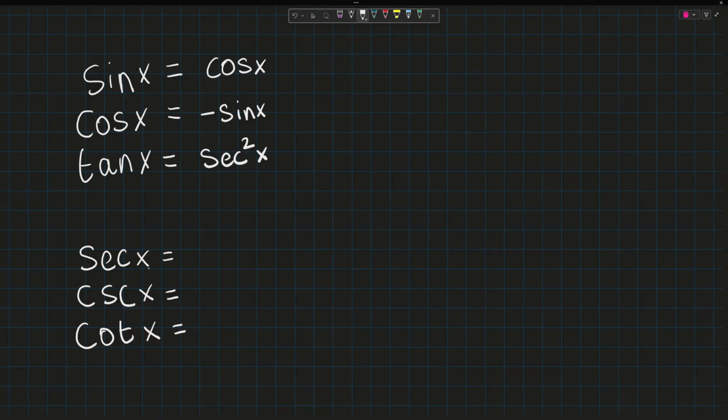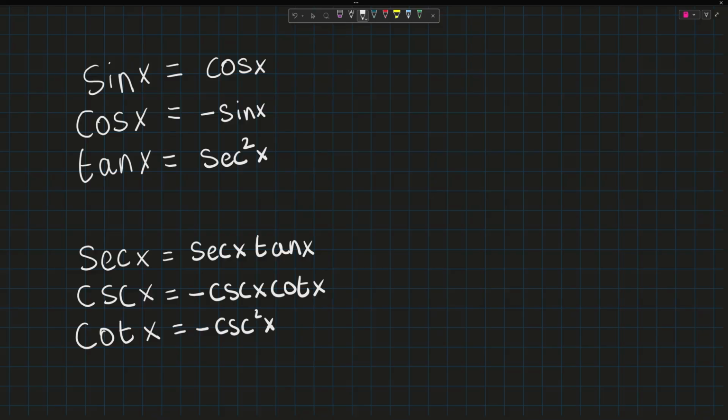The derivative of secant x is secant x tan x. The derivative of cosecant x is negative cosecant x cotan x, and the derivative of cotan x is negative cosecant squared x.